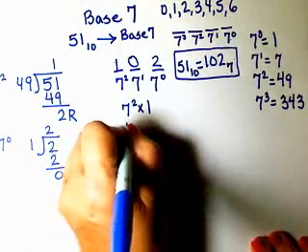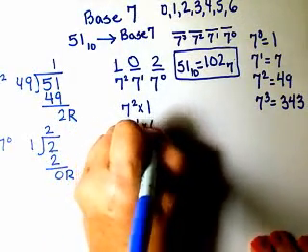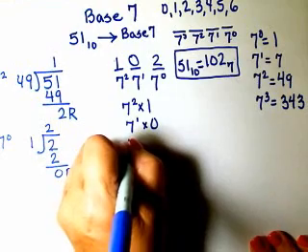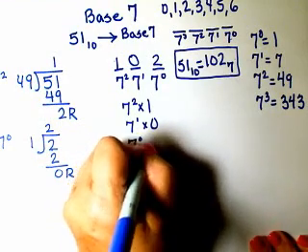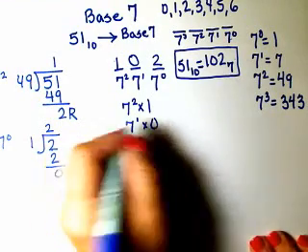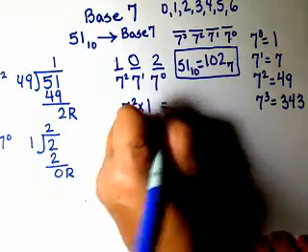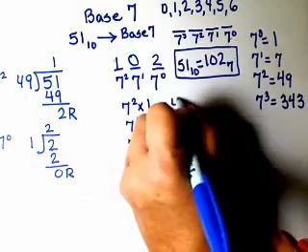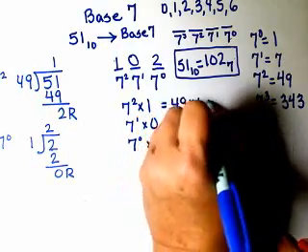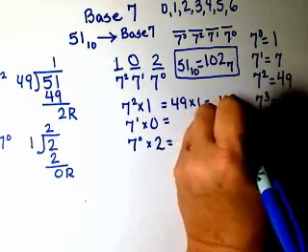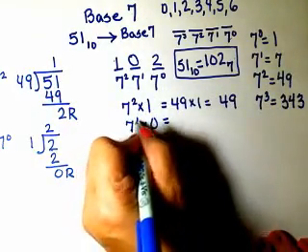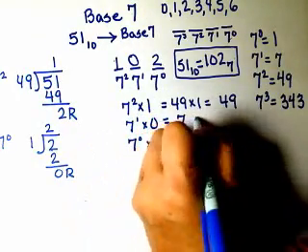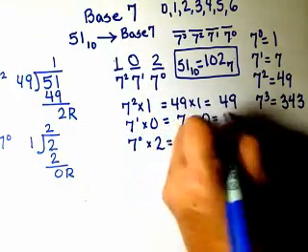Then 7 to the first times 0, and 7 to the 0 times 2. 7 to the second power is 49 times 1, which is just 49. 7 to the first is 7 times 0, which is 0.